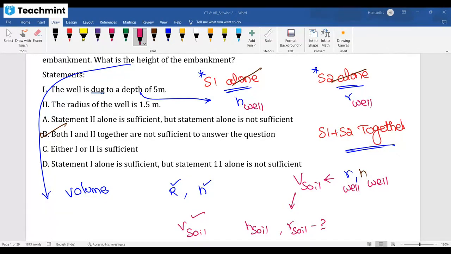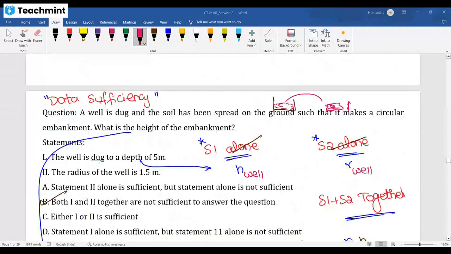See, the height of the embankment is not the height of the well. See what they conveyed. The embankment is formed from the well; you took the soil and threw it out. Read the question, please. A well is dug and the soil has been spread on the ground. That created a circular embankment.